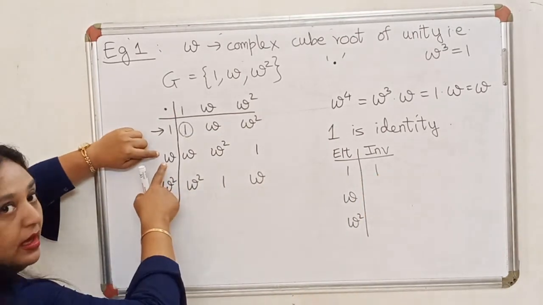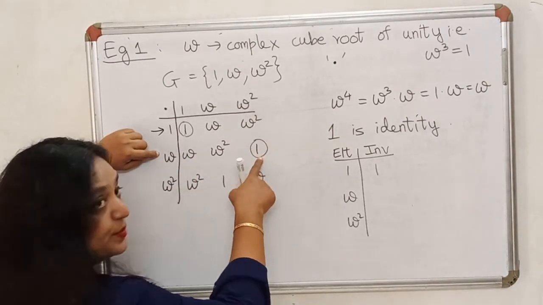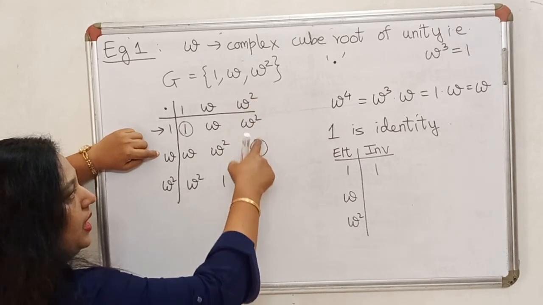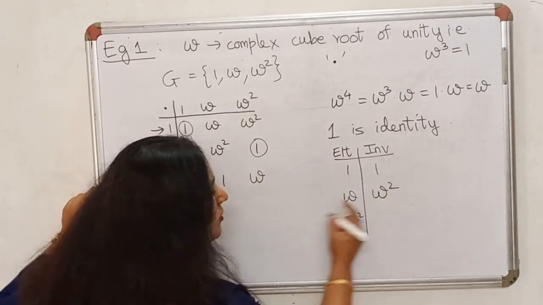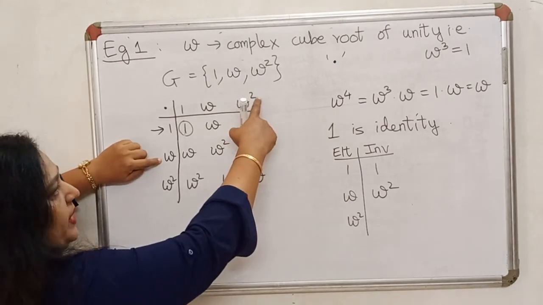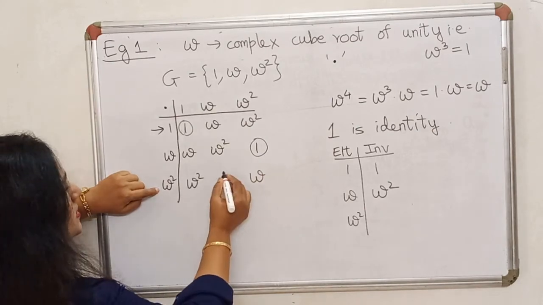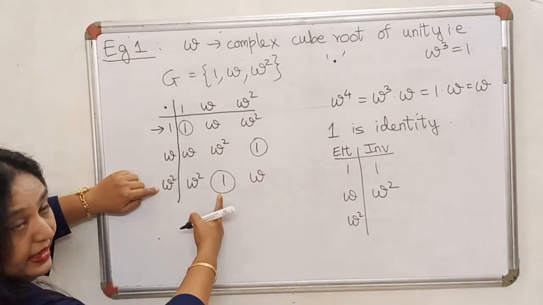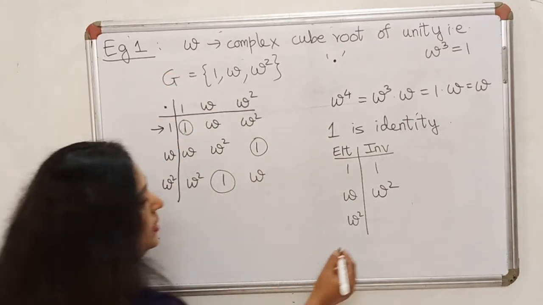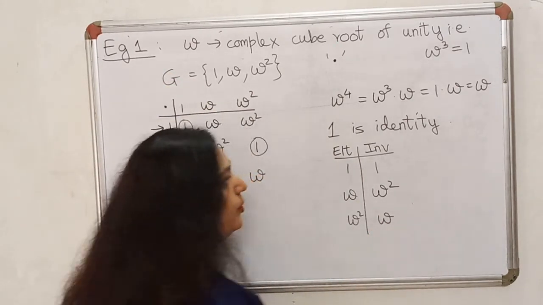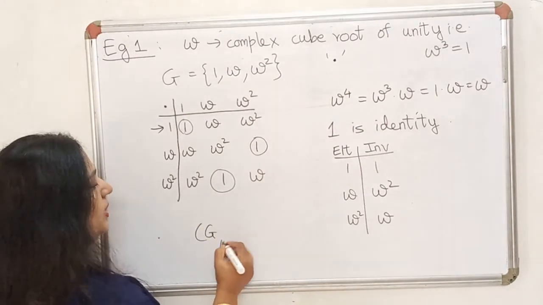Now for omega, I get identity in this place. The element above that in the heading row is omega square. So inverse of omega is omega square because their combination gives me identity. Likewise, for omega square, I get the identity here. The element directly above that in the heading row is omega. So inverse of omega square is omega. Therefore, this is a group. G comma dot is a group.